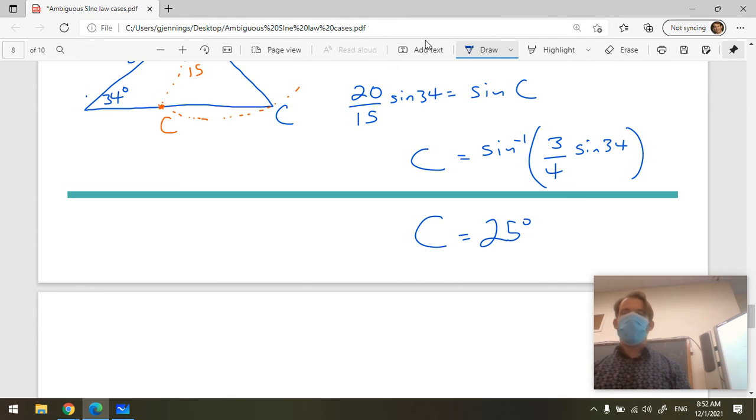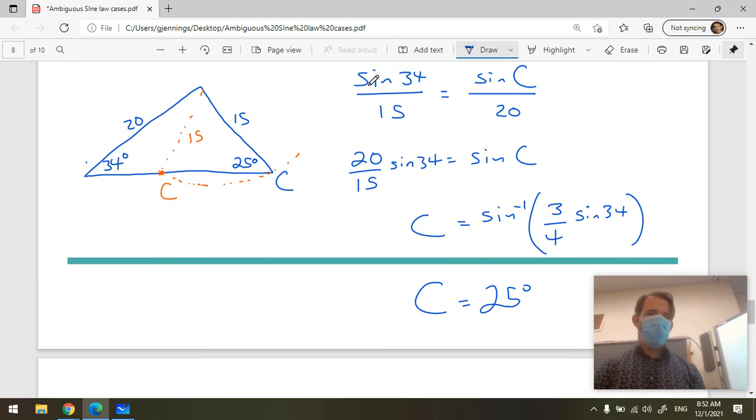What other angle could that be? And that would be this situation over here. So this C would be 25 degrees. That's the acute angle. What would the obtuse angle that's related to it be? Dave? 25. And then you go 180 minus, yes, 155. So how did you do that, Dave? Yeah, so this would be 180 minus 25.